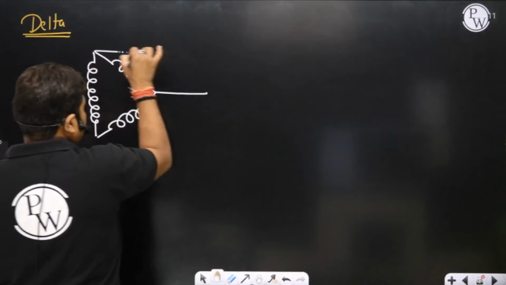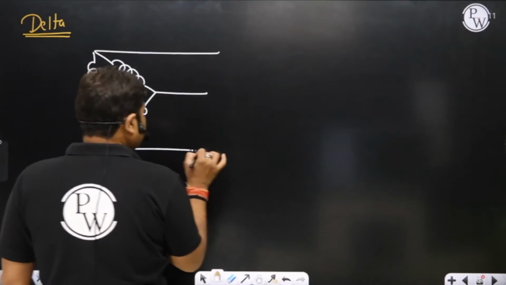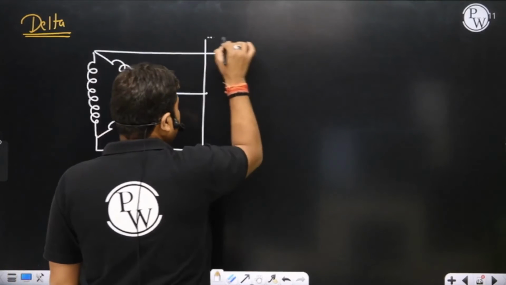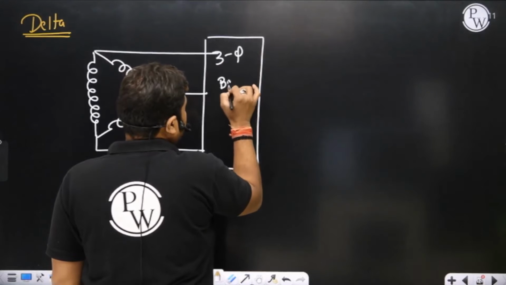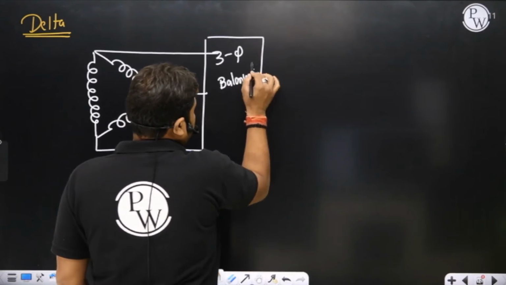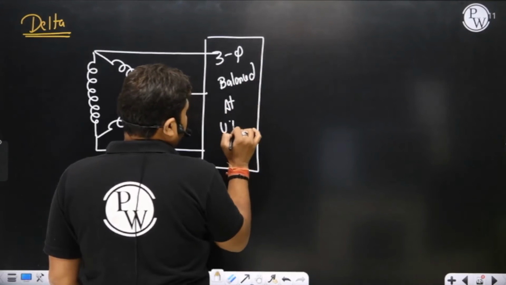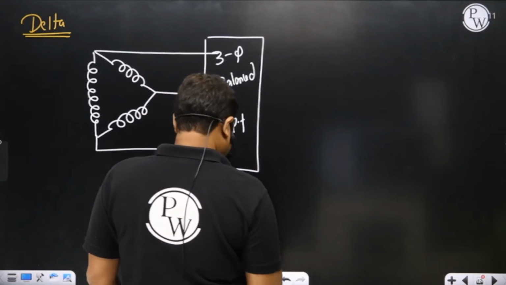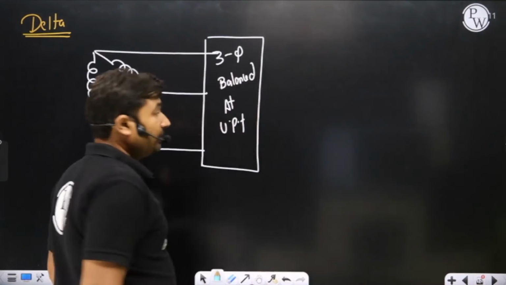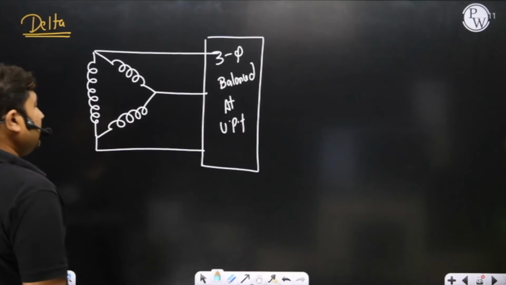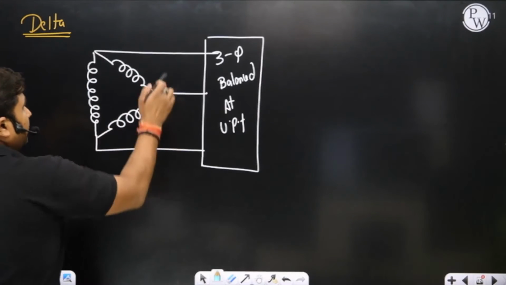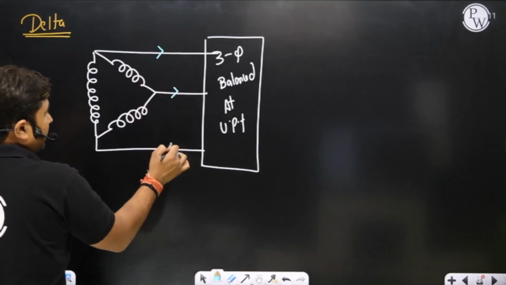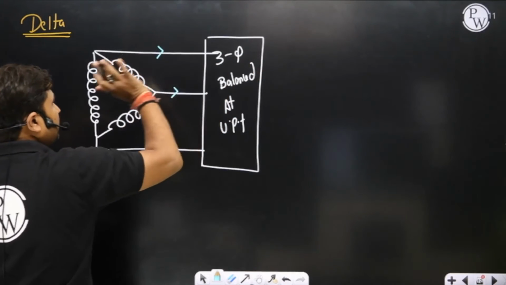Suppose our generator itself is connected in delta and it is supplying a three-phase balanced load at unity power factor. When I say three-phase balanced load at unity power factor, it indicates that line current and load voltage are in the same phase.